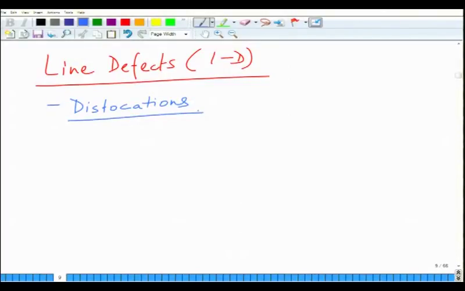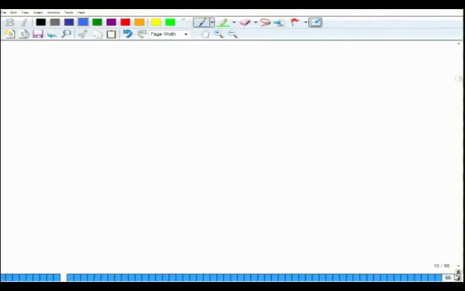In the language of material scientists, these are called dislocations. There are two kinds of dislocations that we find in materials primarily. First is called edge dislocation, second is called screw dislocation. Edge dislocation essentially is an extra row of atoms in the material.